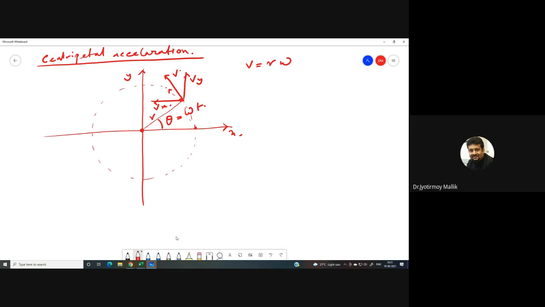And Vx is equal to minus V sine omega t, and we can write V is equal to r omega, so minus r omega sine omega t.